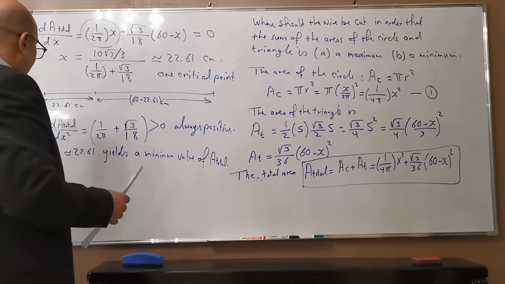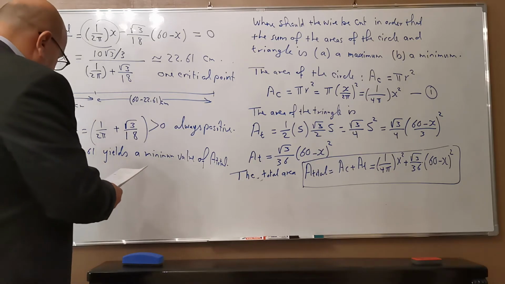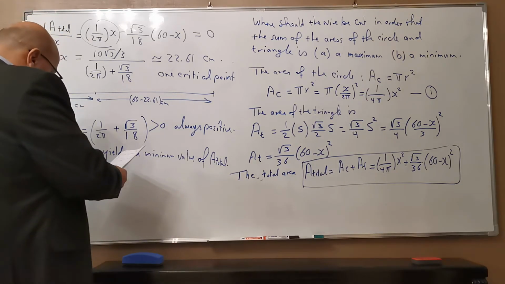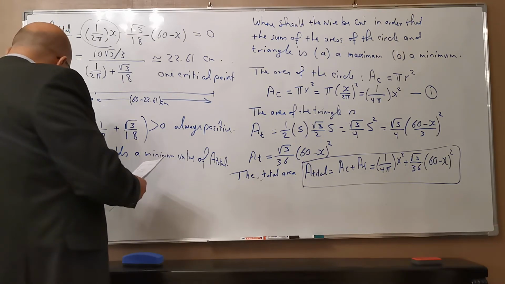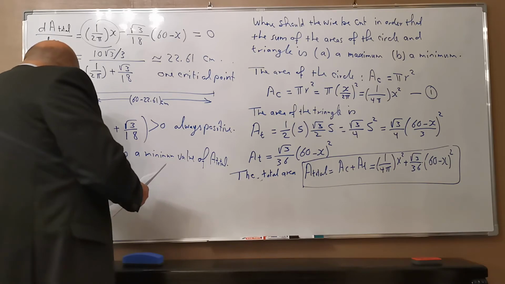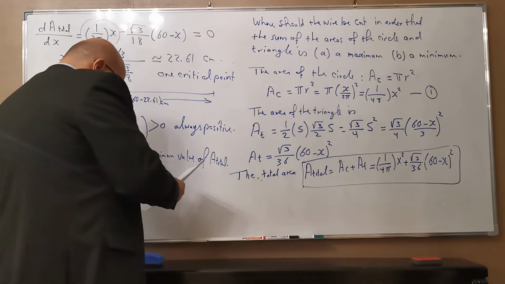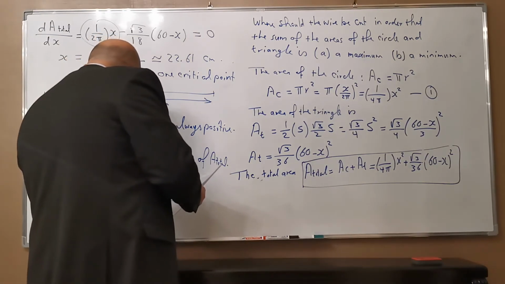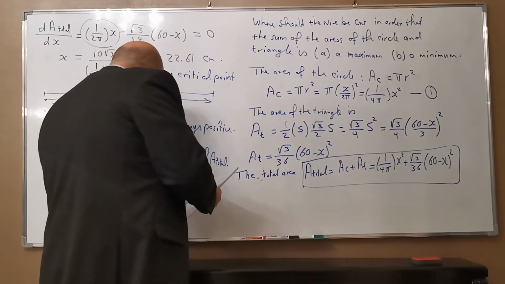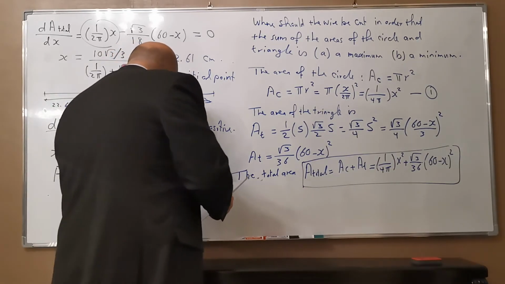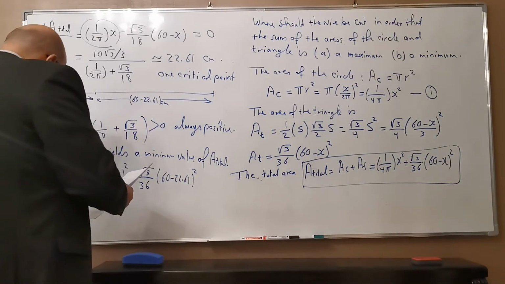So the total area will be minimum at this value 22.61, and A will be approximately 1 over 4 pi times 22.61 squared plus square root of 3 divided by 36 times 60 minus 22.61 squared, and this is almost A total.